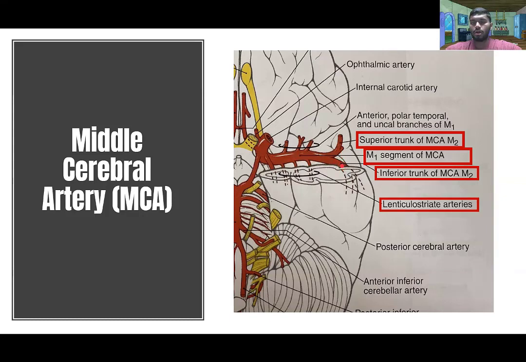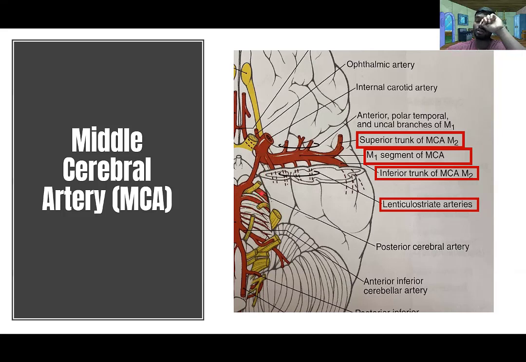So now we need to go over terminology, right? I mentioned that acronyms are king in the hospital. Everybody uses acronyms. Instead of saying the middle cerebral artery, we say the MCA. Instead of saying the internal carotid artery, we say ICA. Instead of the superior cerebellar artery, we say the SCA.